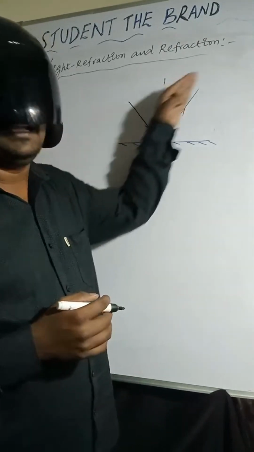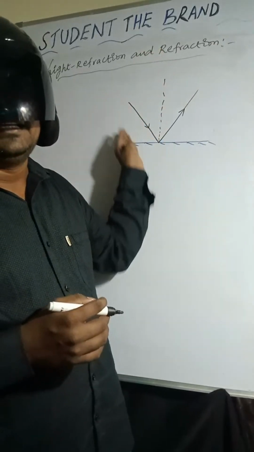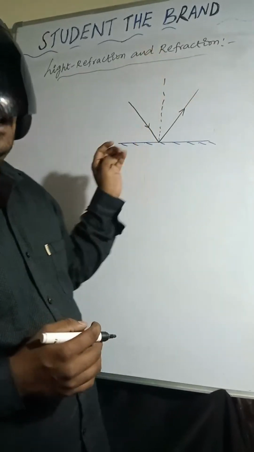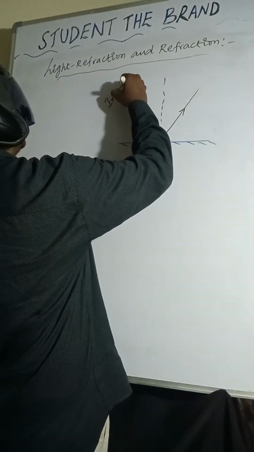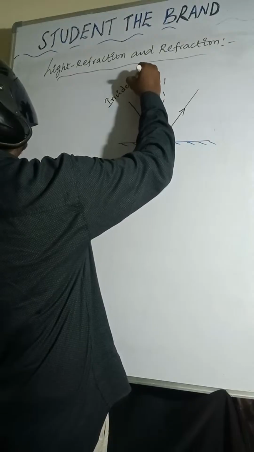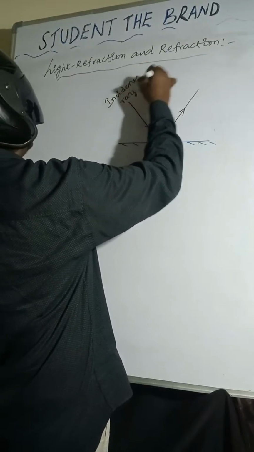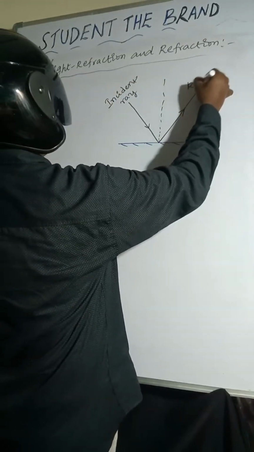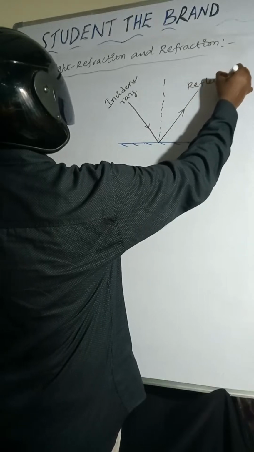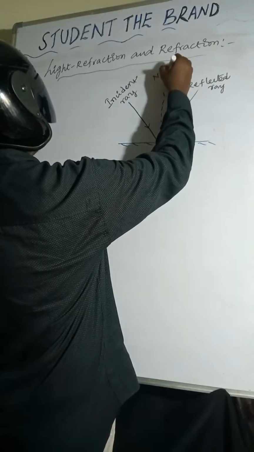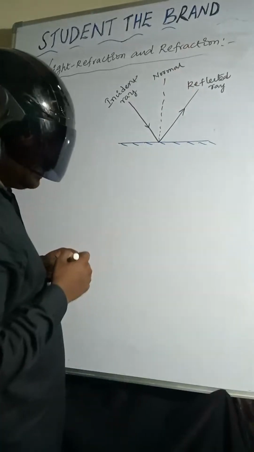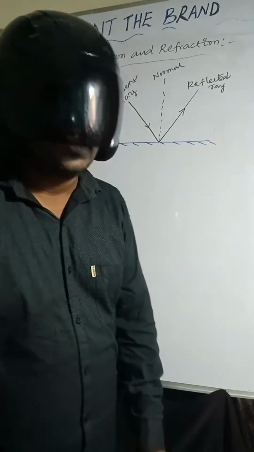The light ray which is incident on the surface is called the incident ray. The light ray which is reflecting back is called the reflected ray. The line perpendicular to the surface is called the normal line.